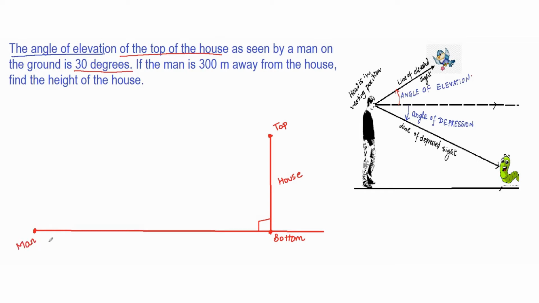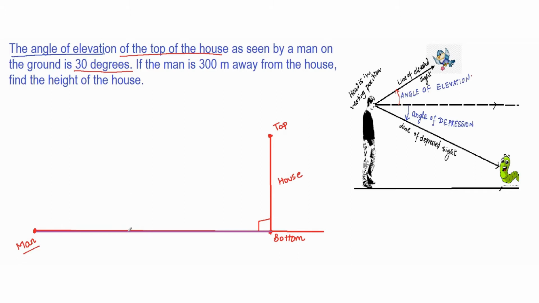In case the height of the man is not specified, then for all practical reasons we consider the height of the man to be 0, or it is so small that it is not relevant with respect to the given distances. Now the angle of elevation of the top. If the man tries to see the top of the house, then which is his normal line of sight? The normal line of sight is basically a line that is parallel to the ground.